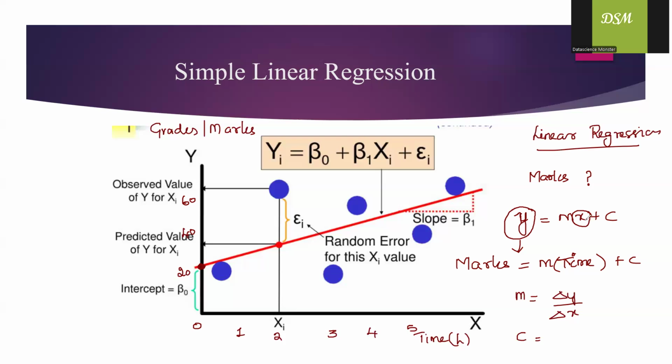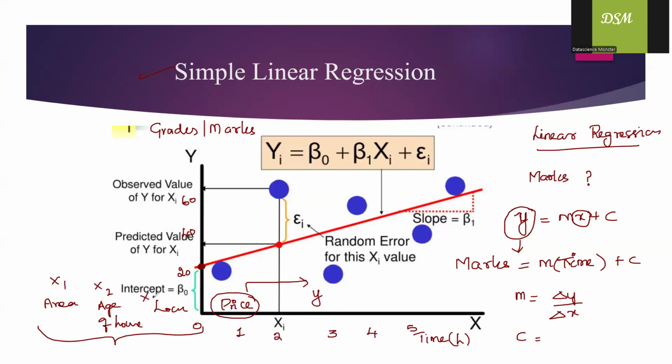If there is only one independent variable, then it is called simple linear regression. In case there are many independent variables, for example, area of house, age of house, and location of the house, based upon that, if I am finding out price, then price would be the dependent variable. And these three would be the independent variables, x1, x2, and x3.